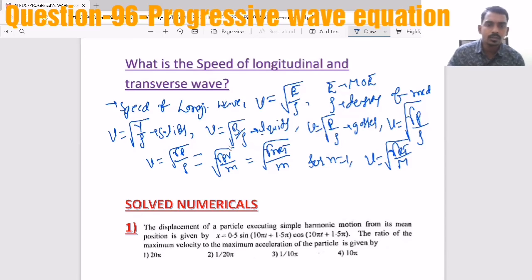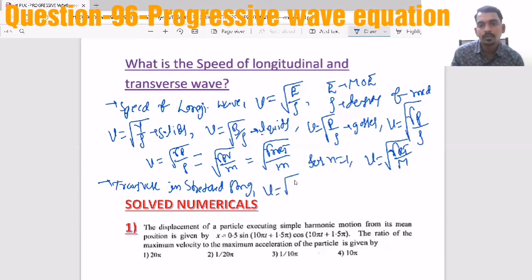And in case of a transverse wave in a stretched string, the speed formula is under root T by mu, where mu is mass per unit length.